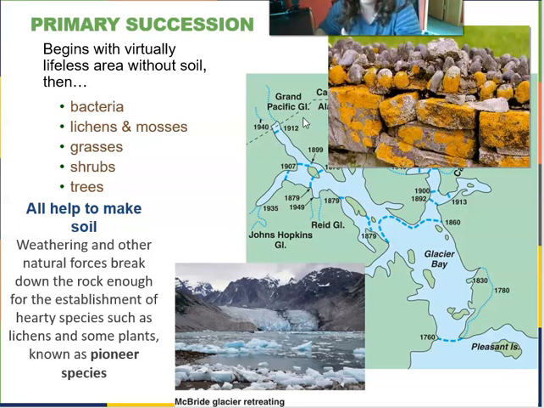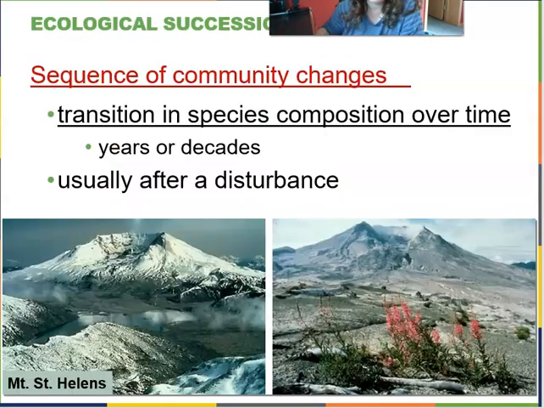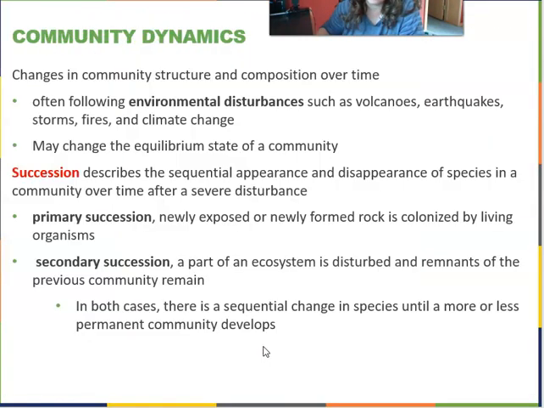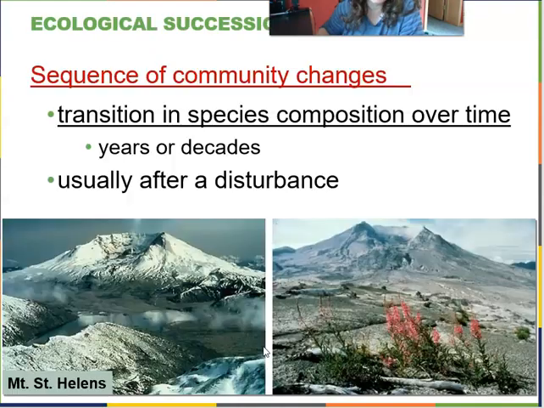Each kind of lays the groundwork for the following species to be able to live there. So weathering and other natural forces break down the rock enough for the establishment of hardy species like lichens and some plants known as pioneer species, like this plant right there, or that one there.